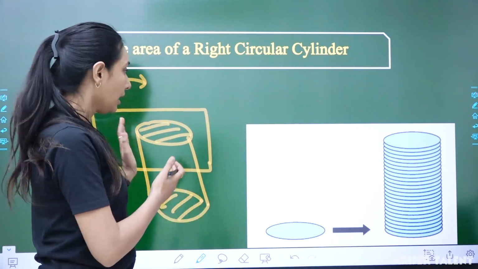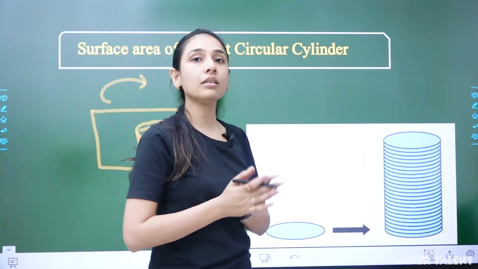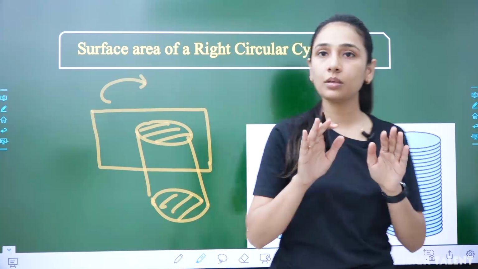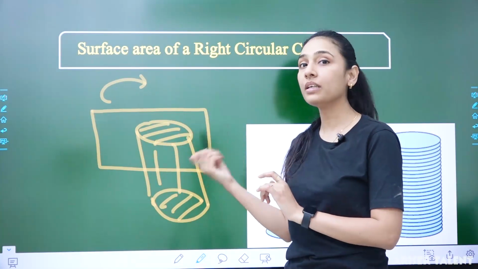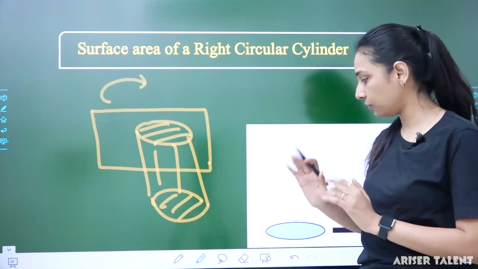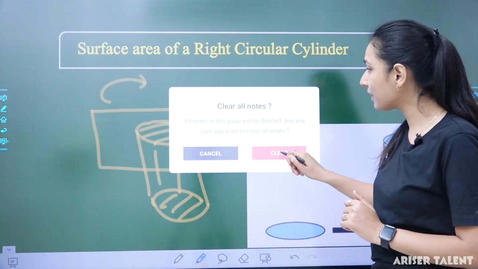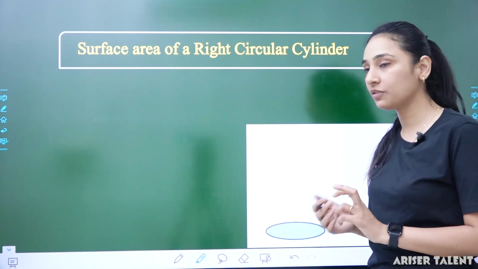So you can make a right circular cylinder by properly rounding or curving a sheet. Why are we studying it? Because we have to find out the curved surface area.